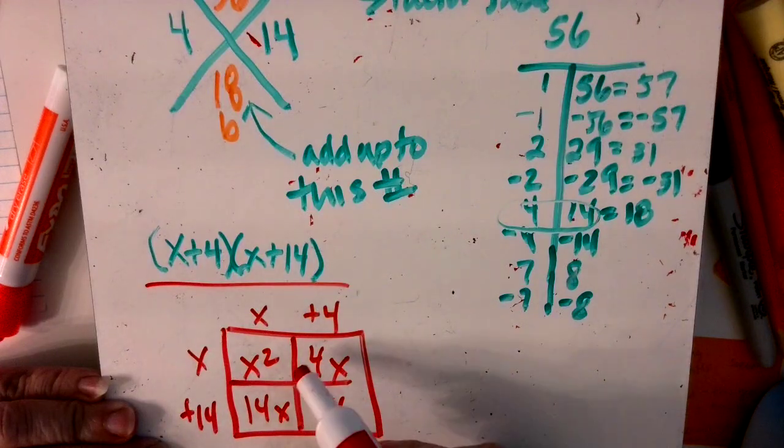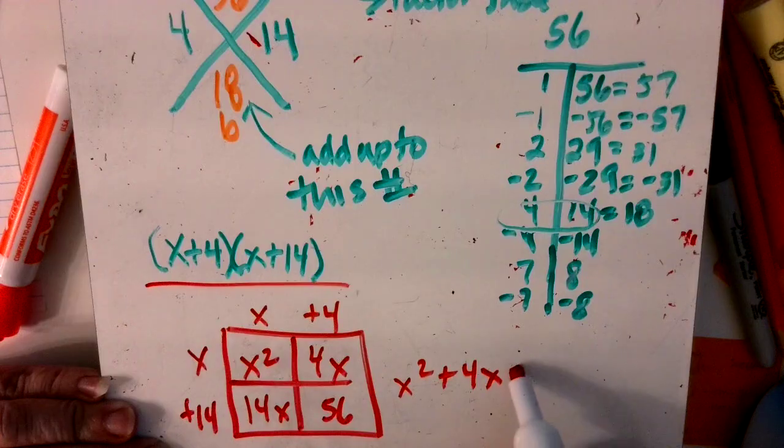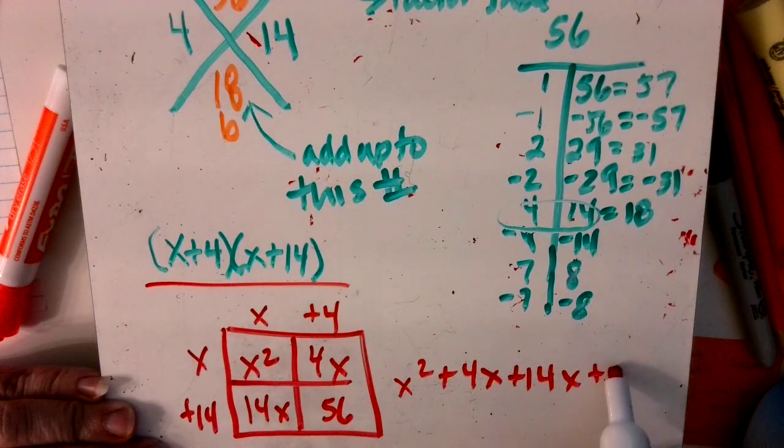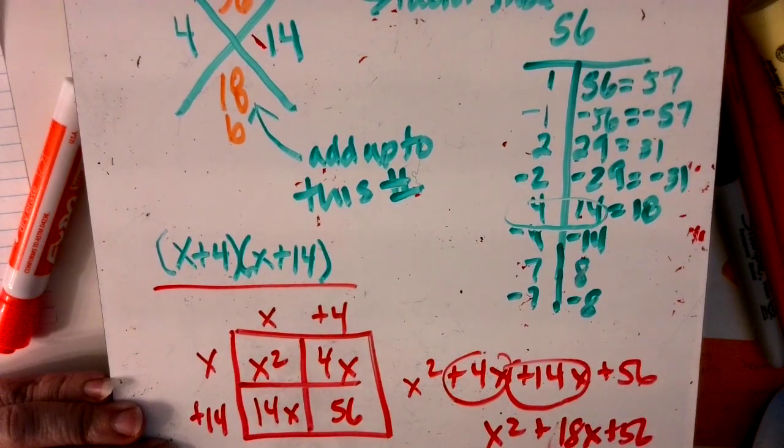And so then when you add them, x squared plus 4x plus 14x plus 56, combine these like terms, and then you get back to the original trinomial. So that's a way you can check yourself. Okay, so that was number one.